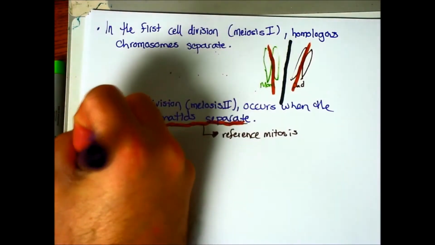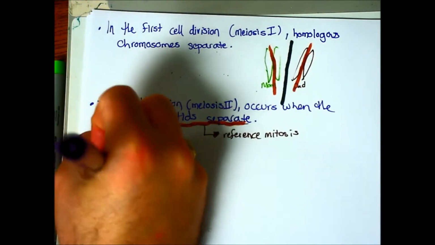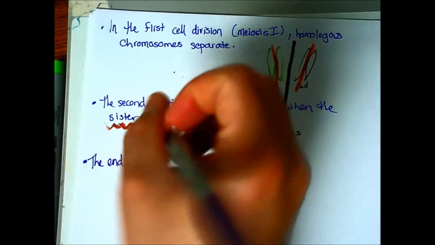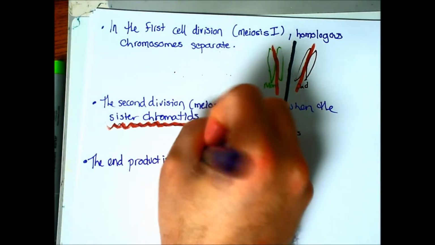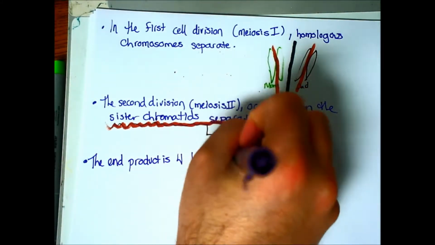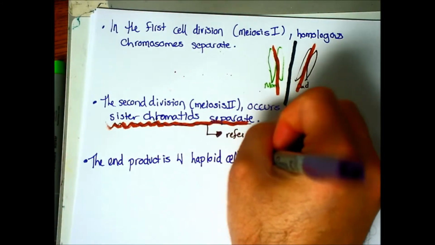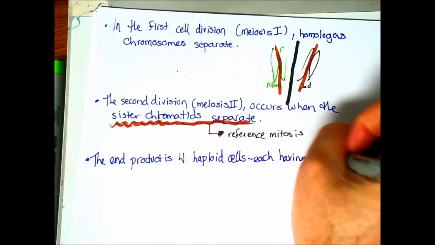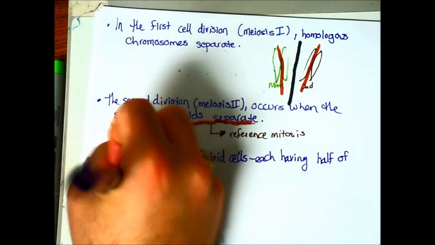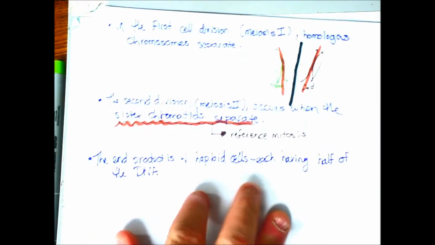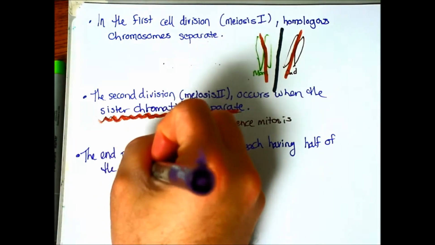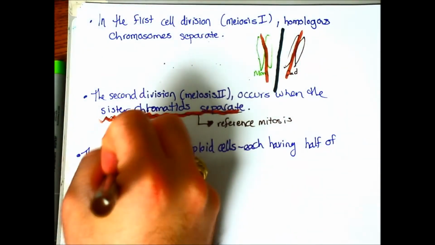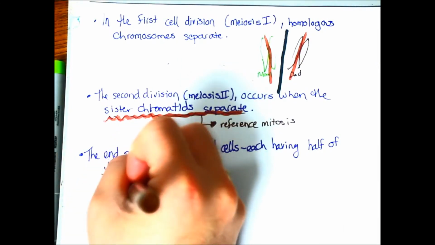So we know that after these 2 divisions, the end product is 4 haploid cells. Each having half of the DNA. And for humans, how many chromosomes would be that half of the DNA? Yeah, 23 chromosomes.